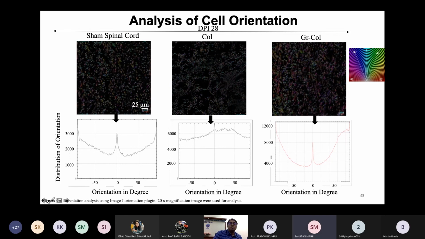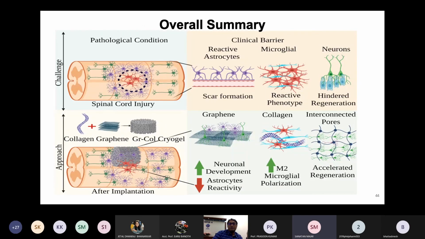However, collagen is also showing the alignment, but the level of alignment is not as significant as what we get in the GR call. So this kind of image-based analysis further supports our data and our claim that GR call probably provides an electroconductive, mechanical spongy material for spinal cord repair and regeneration.